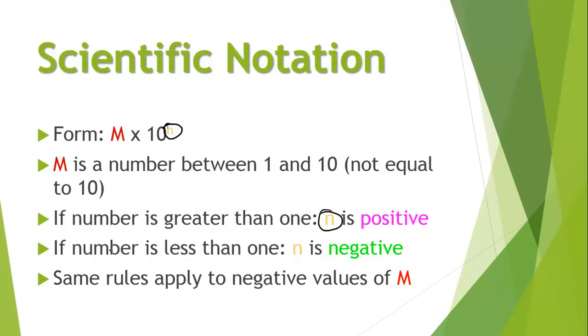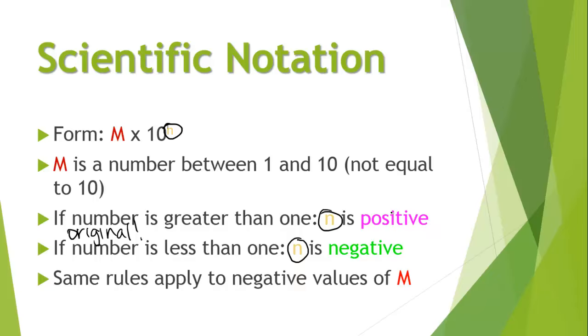If the original number I started with is less than 1, then my n is going to be negative. It works in reverse, the same idea. If you have a positive n, you're going to make a number that is greater than 1. If you have a negative n, you're going to make a number that is less than 1.